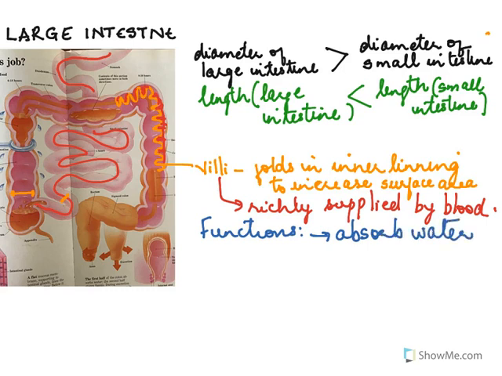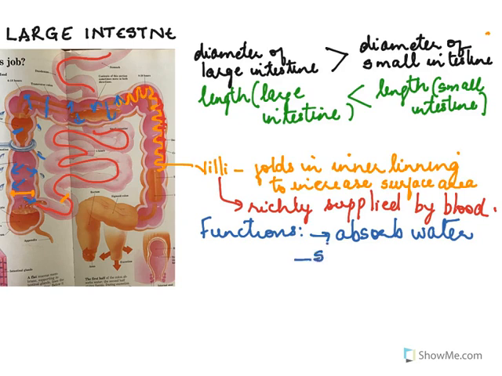So the villi absorb this extra water. A large amount of water is absorbed into the large intestines and taken back into the blood.